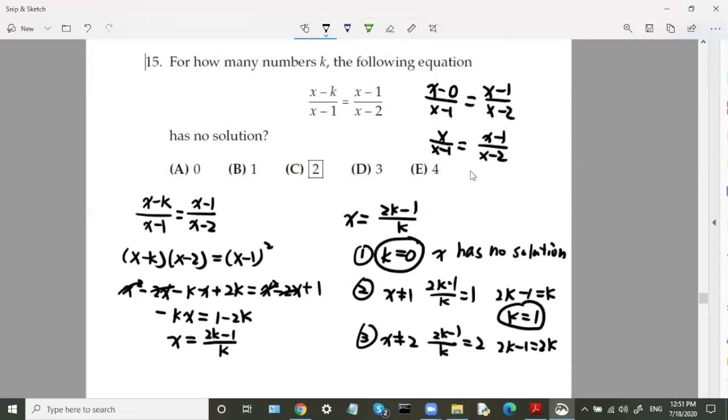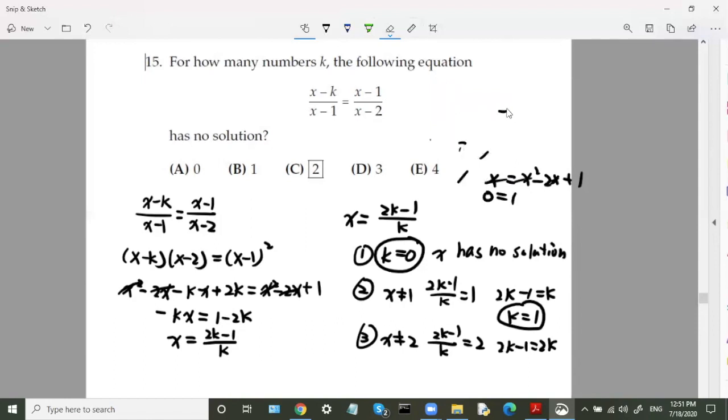So that's x squared minus 2x equals x squared minus 2x plus 1, right? Cross product. So of course, 0 equals 1, no solution. Okay, so we check it: k equals 0 makes x have no solution.